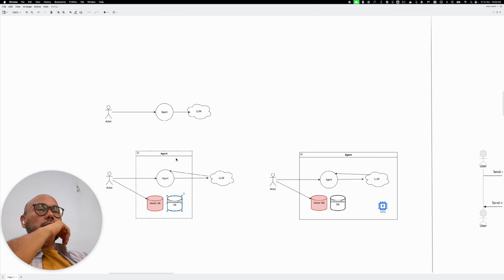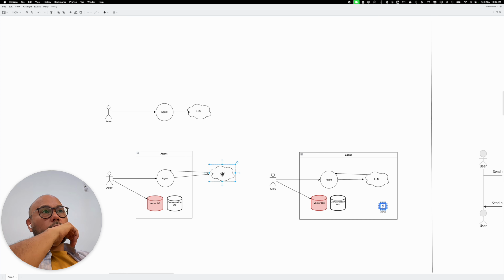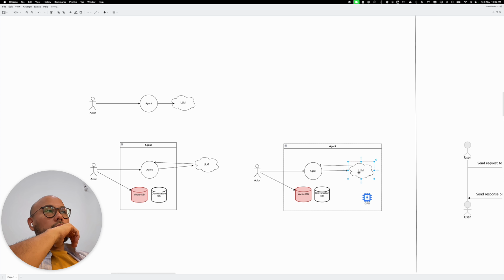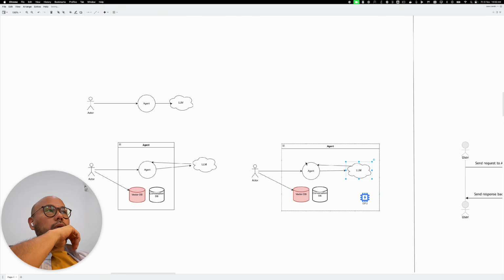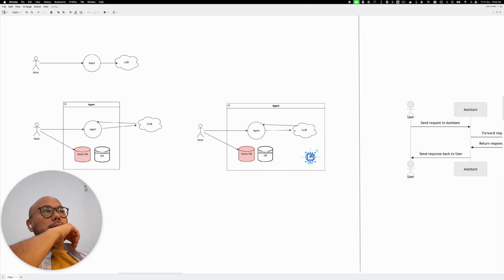And as you can see here, the assistant can use, in this case, a private LLM which lives outside of our infrastructure like GPT-4, or we can include the LLM in our own resources, where we need to have a GPU enabled.